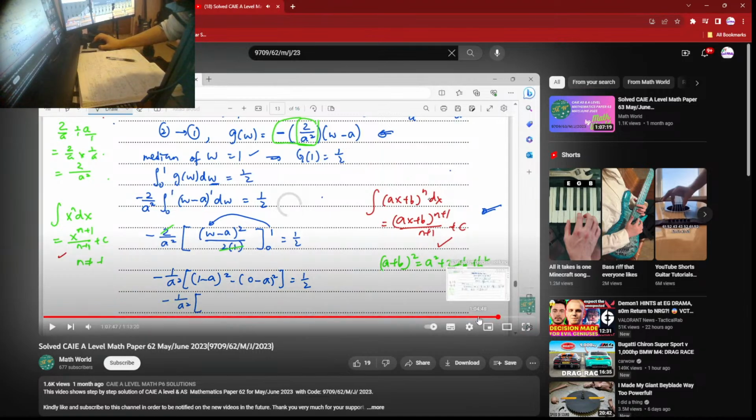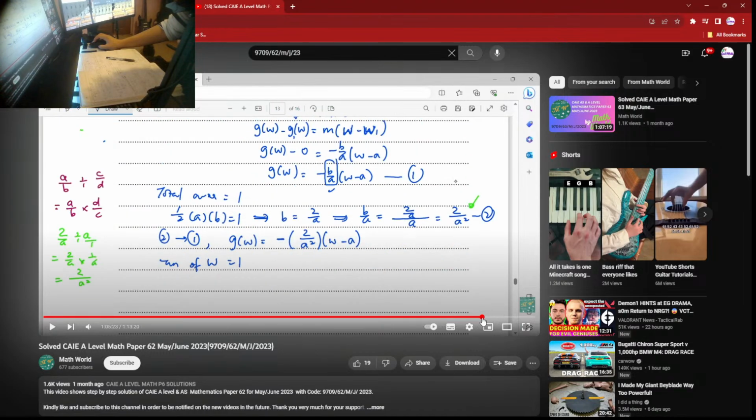Oh my god. Hey, we have to understand this. GW, the equation of the line, is equals to m bracket w minus w1.